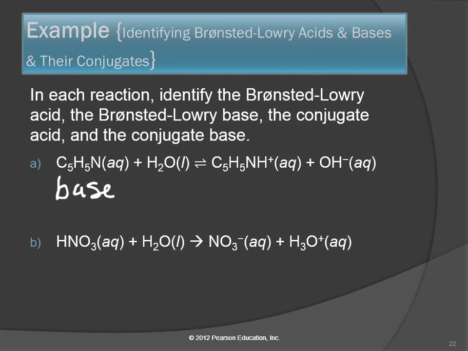And when the base accepts the baby, accepts the hydrogen ion, now it has the potential to donate the hydrogen ion either back to the person that gave it to him or to someone else. Something that can donate a hydrogen ion is an acid. So this guy is the conjugate acid.